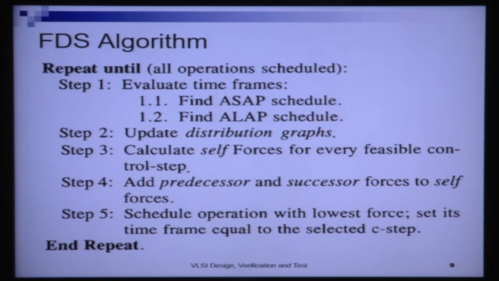So, if I schedule operation V6 in time step 2, because let us assume the total force with respect to V6 at time step 2 is lowest, then the start time of V6 will be assigned equal to 2. With this, we come to the end of module 3 of lecture 5.